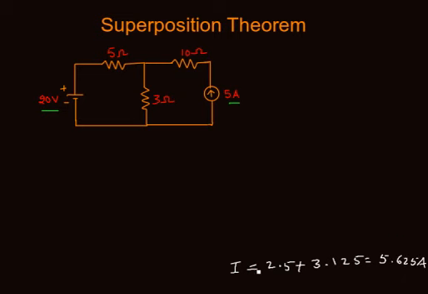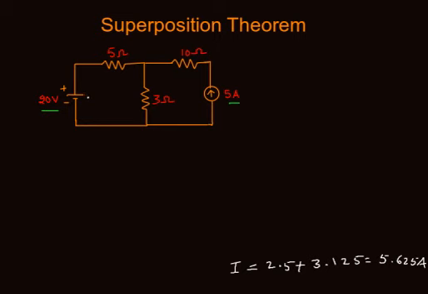The total current I is 5.625 amperes. Now if you want to verify it: the superposition theorem states that the sum of the individual sources' responses is equal to the response in that element.